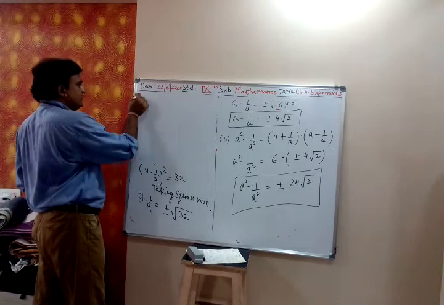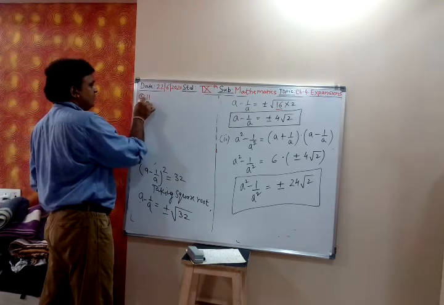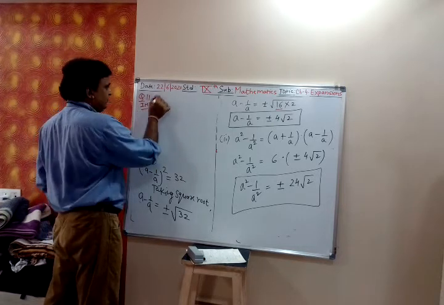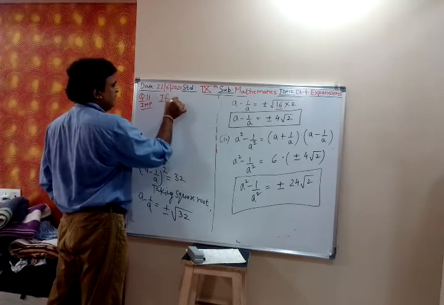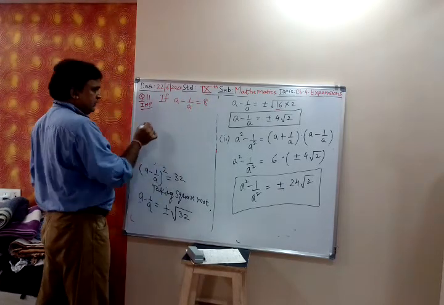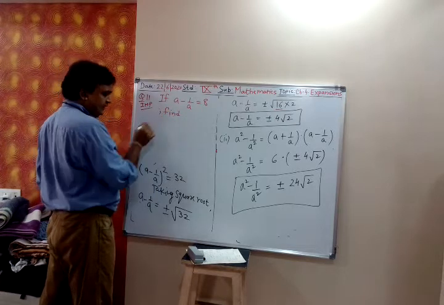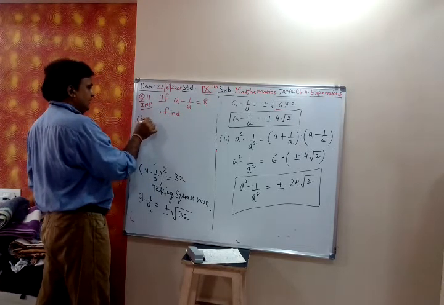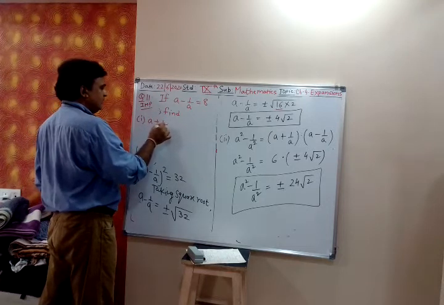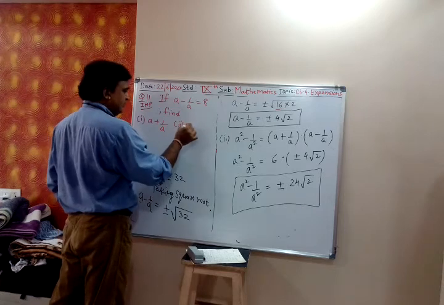Same way you have to do question number 11. This is also important. If a minus 1 upon a is 8. Now, homework: find first a plus 1 upon a, second a square minus 1 upon a square.